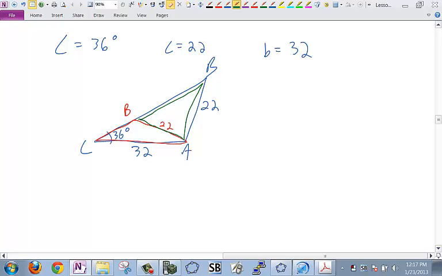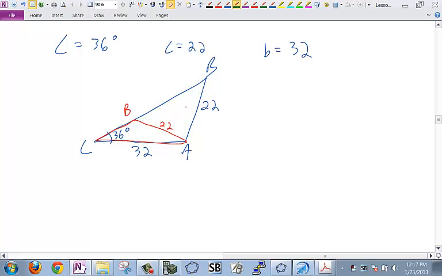They're the same. So then, what is going to be true about the two possible values of angle B? Whatever angle this comes out to be, the red one will be supplemental to it. They'll add up to 180. So whenever you find the blue angle B, you subtract from 180 to get the red angle B.